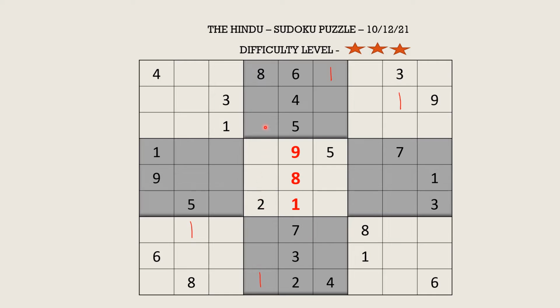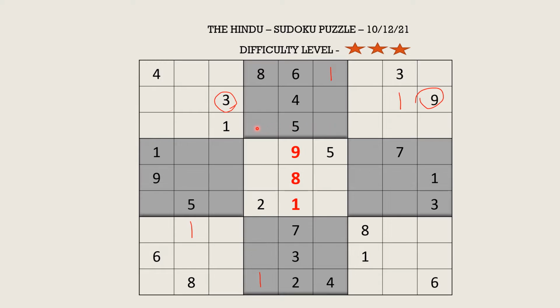Moving up here, you can notice this. We have a 3 here and a 9 here. So this 3-9 pair blocks here. So we have only 2 more cells left in this block.